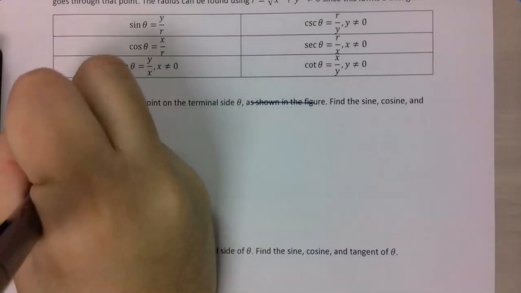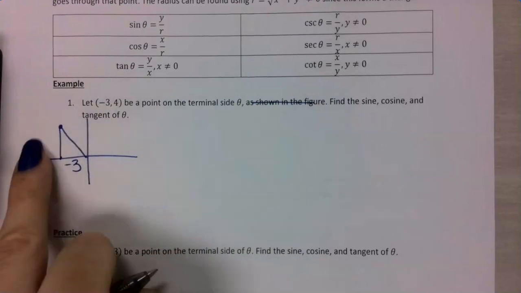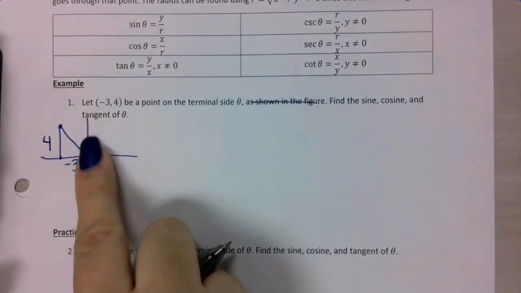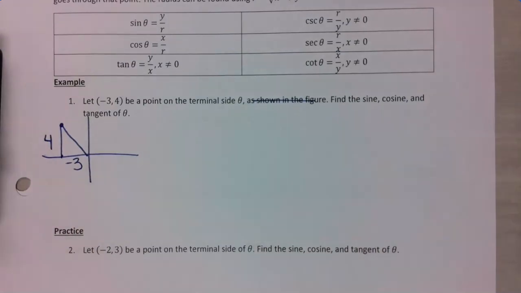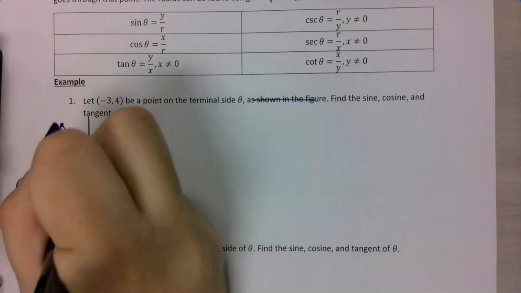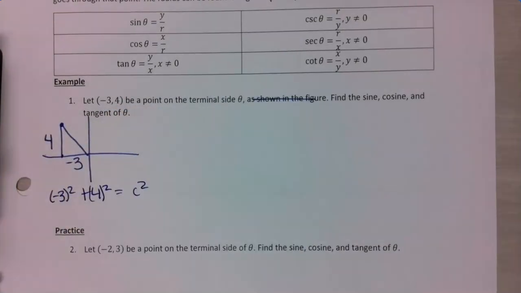Negative 3, because I'm on the coordinate plane, it can be negative. And then my length right here, 4. So notice this is a right triangle. How am I going to find that hypotenuse? Pythagorean theorem. So I'm going to add negative 3 squared to 4 squared, and it should give me that hypotenuse.